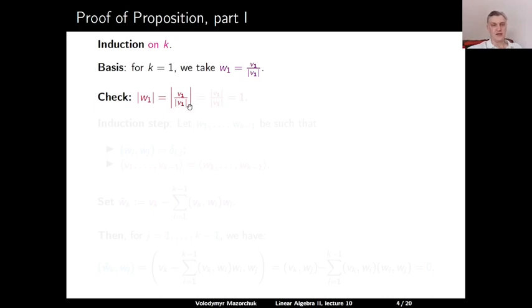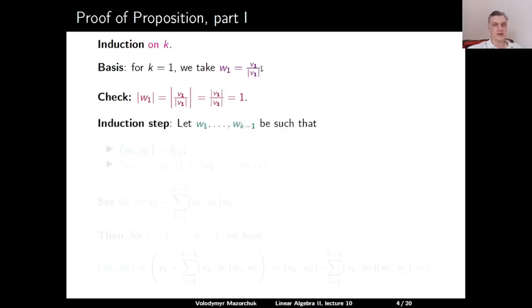So 1 divided by the length of v1 is a positive real number, so we can take it out of the length sign, and so we get the length of v1 divided by the length of v1, and this is equal to 1. So w1 has length 1. In particular, it's non-zero. So w1 is a normed vector, and the linear span of w1 equals the linear span of v1. This completes the proof of the basis step of the induction.